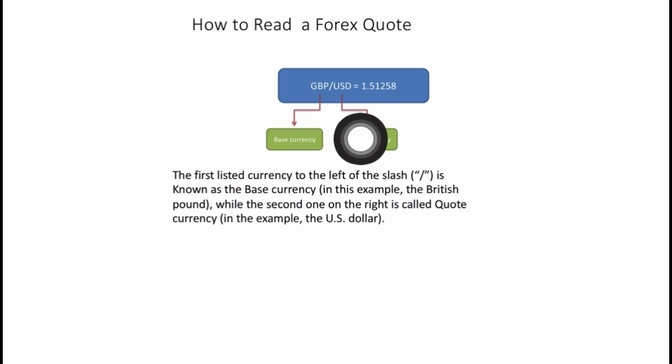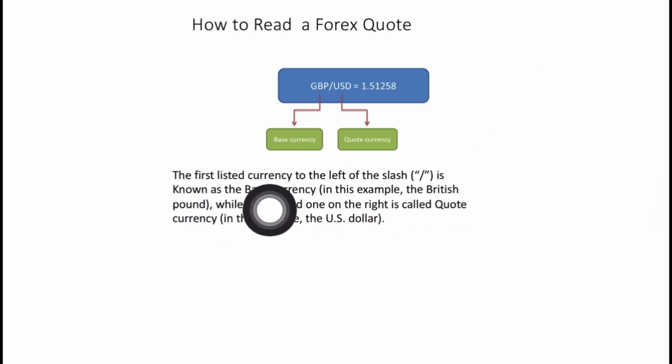For you to be able to buy 1 pound, you need 1.51258 dollars. So when you exchange 1 pound to US dollars, you receive 1.51258 of the US dollar.